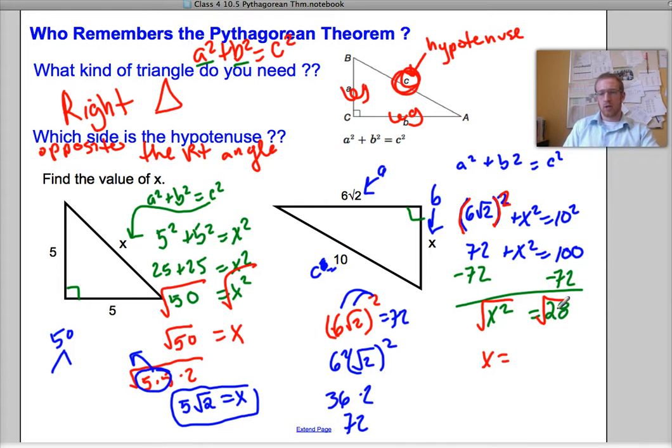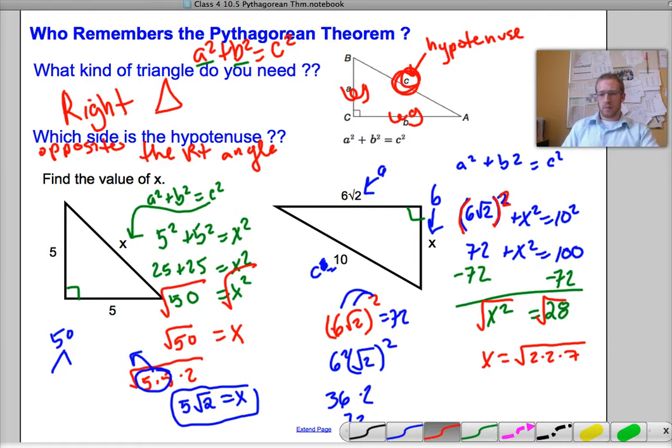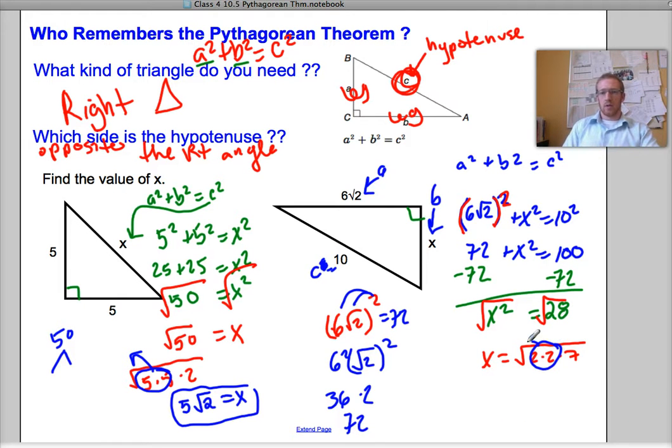So x equals root 28. 28 prime factorization is 2 times 2 times 7. Again, if you don't recall that, go back to video number 1. So for every pair, we pull out 1. So that gives us x equals 2 root 7. This is our simplest radical form.